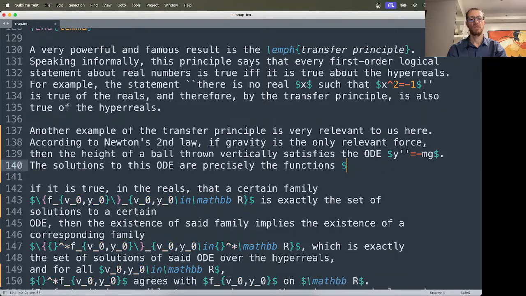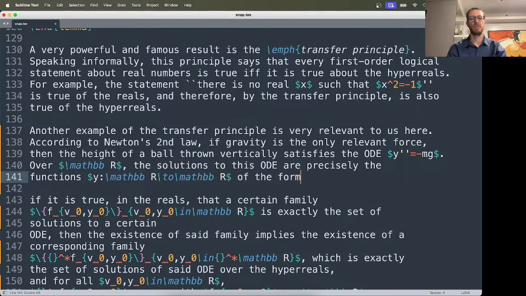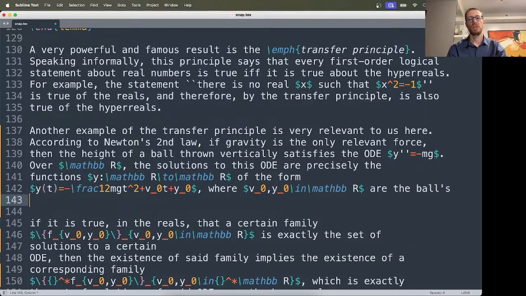Over the reals, the solutions to this ODE are precisely the functions y from reals to reals of the form y(t) = -1/2 mgt^2 + v0 t + y0, where v0, y0 in the reals are the ball's initial velocity and initial height respectively.